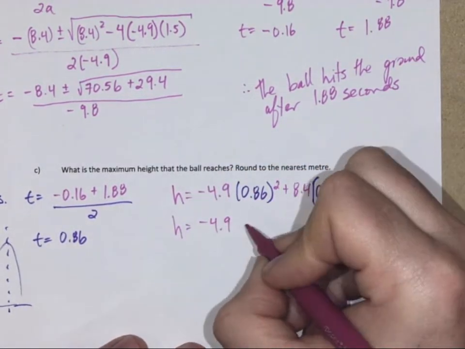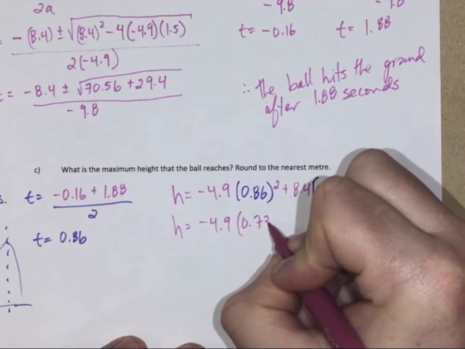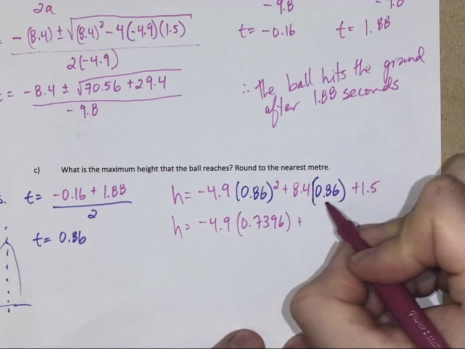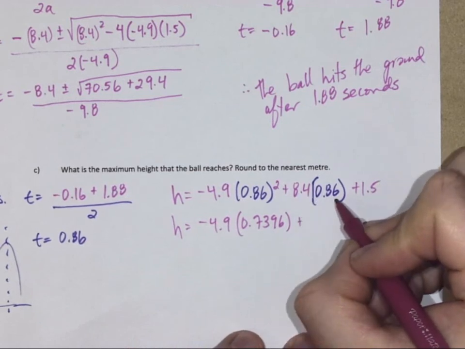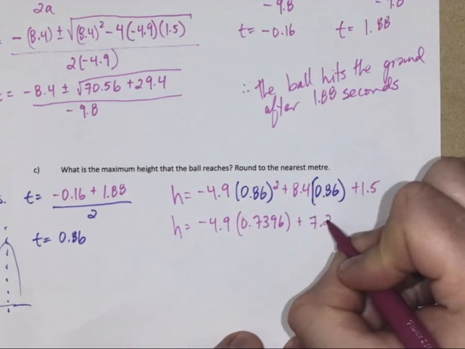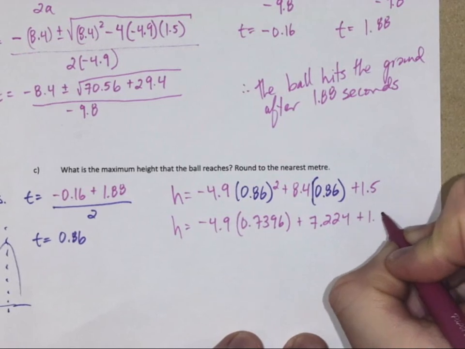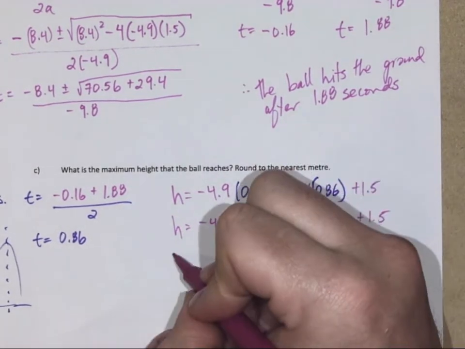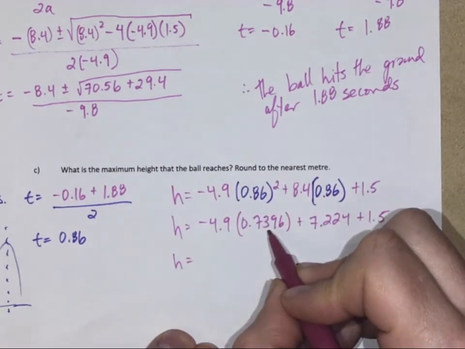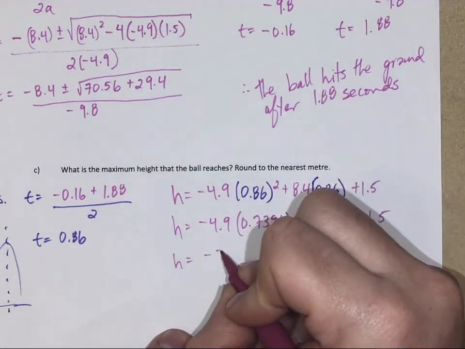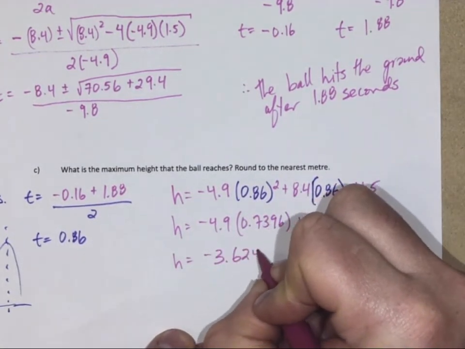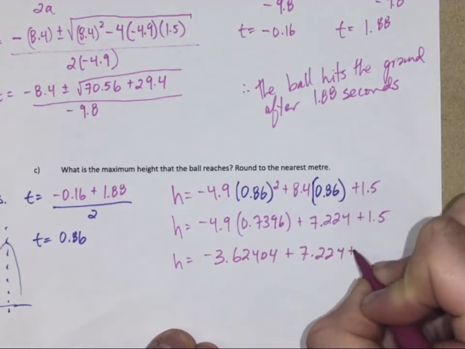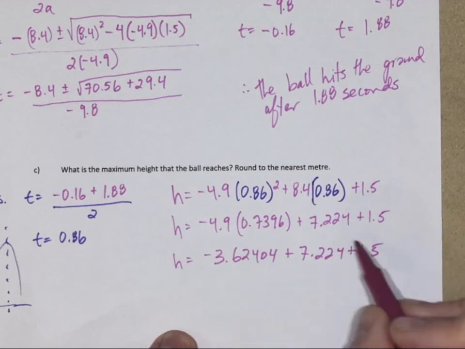Negative 4.9 times 0.86 squared, keeping all the decimals till the end, plus 8.4 times 0.86, all plus 1.5. Do my next multiplication step. Negative 4.9 times 0.7396. Add them all together.